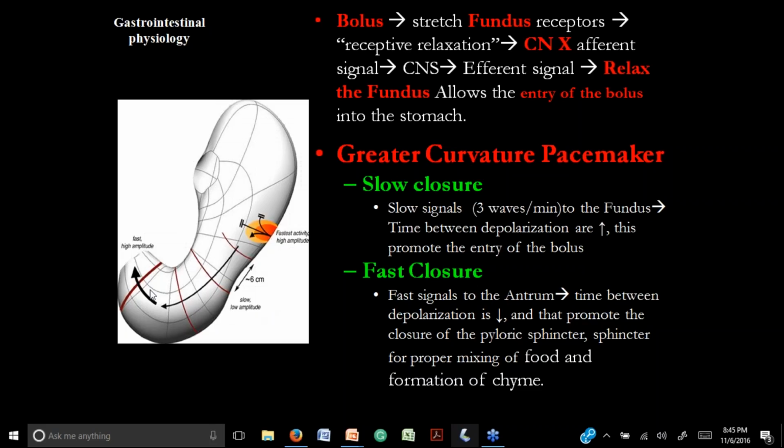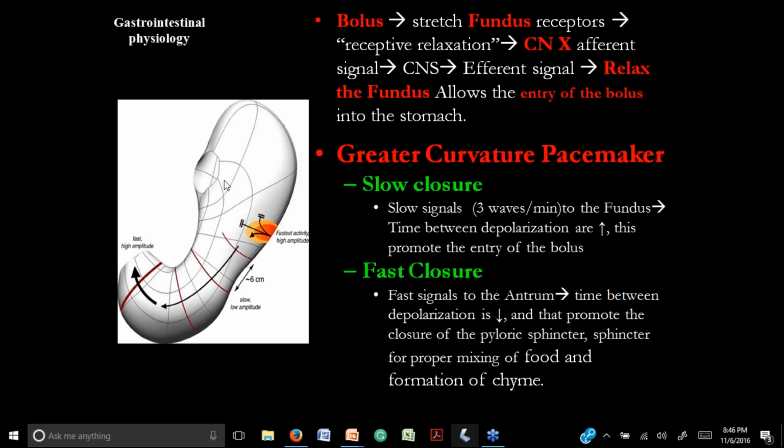And here, at the same time, it's fastest where the pyloric area is going to start contracting, and they are going to allow waves. But these waves are very short. Why? Because the depolarization is faster, so there is less time to be open. But in the upper part, it's going to be more time open, and here it's going to be less time open.